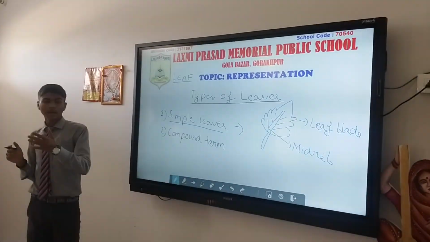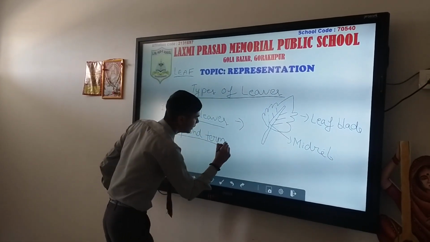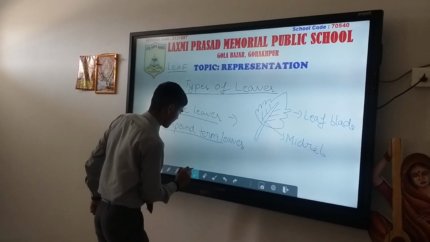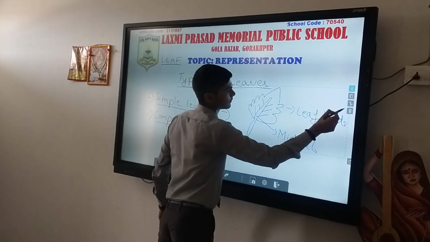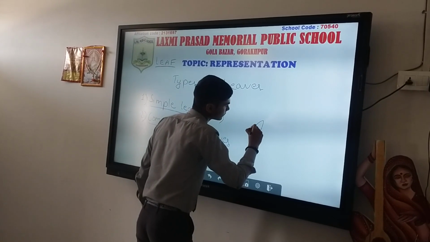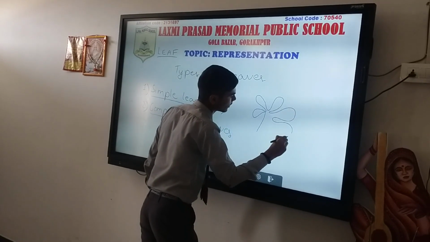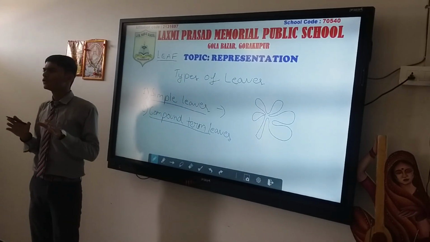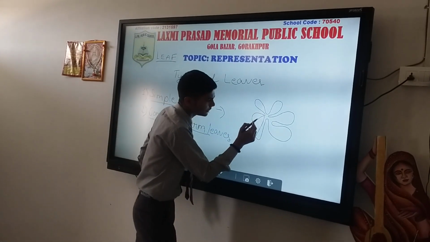But when we talk about compound leaves, this is a leaf example of compound leaves. The important term is the midrib, and this is the lamina.